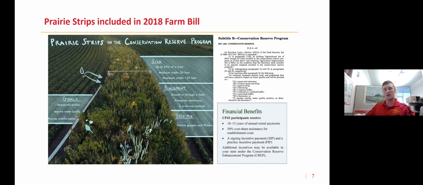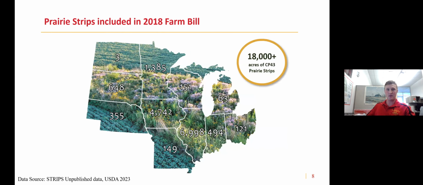Under CP43, there are certain requirements for the size, placement, and seed mix of the prairie strips, but they can be pretty adaptable to hopefully seamlessly integrate into any operation. As of today, there are over 18,000 acres of CP43 prairie strips across many states in our region.